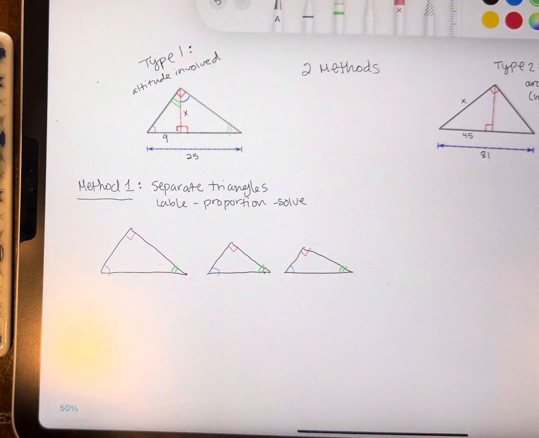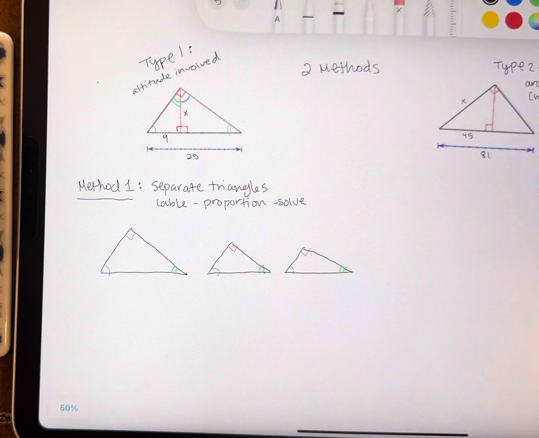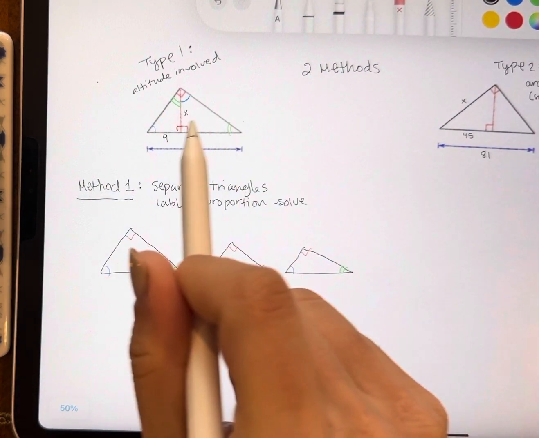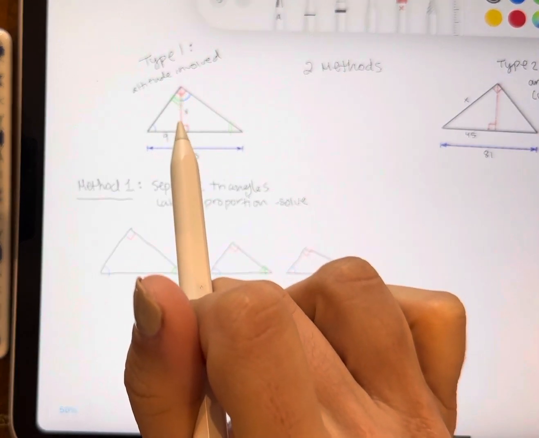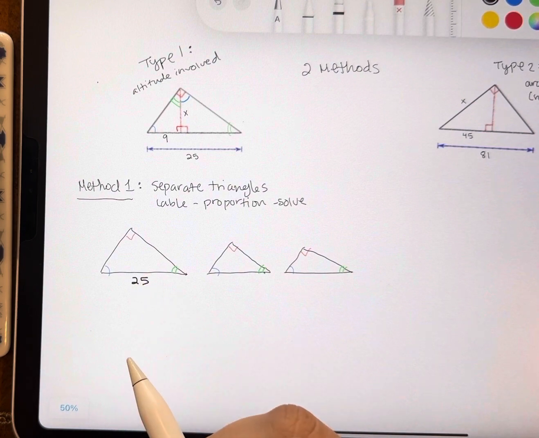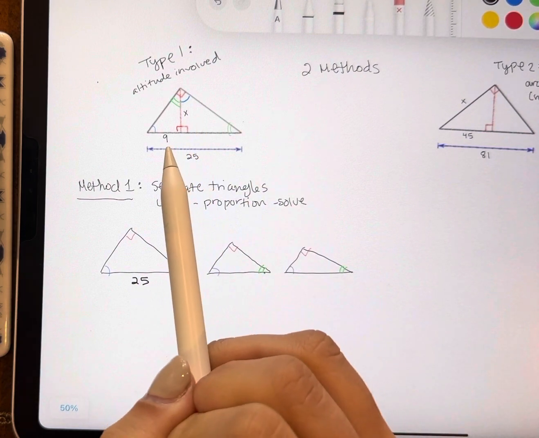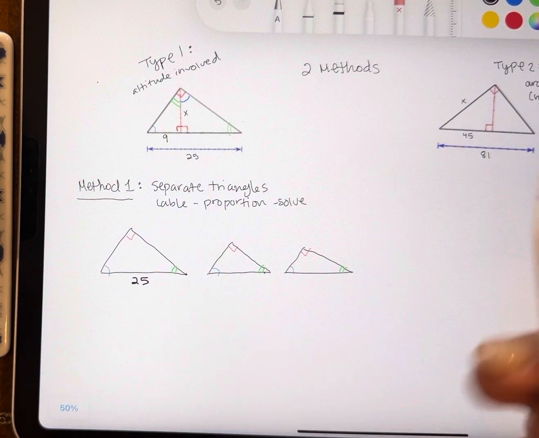Now that I've got these all labeled, I'm going to use it to bring these values down here. The hypotenuse is 25 on the largest triangle. Across the right angle is 25. That goes here. That 9 is across the green angle on my smallest triangle.